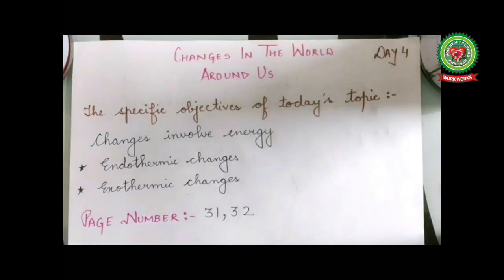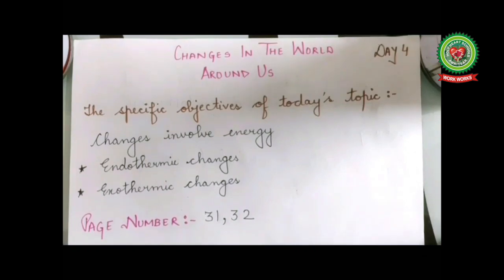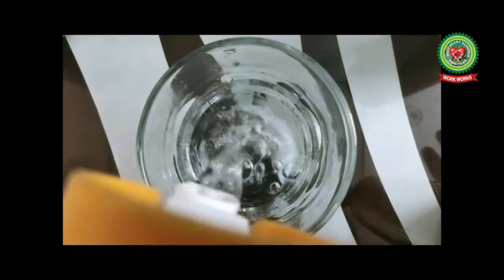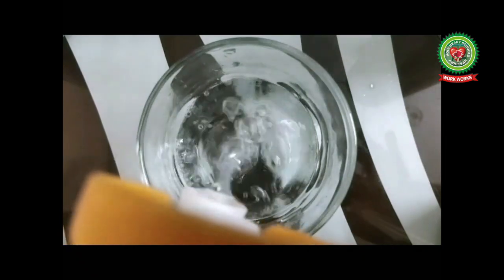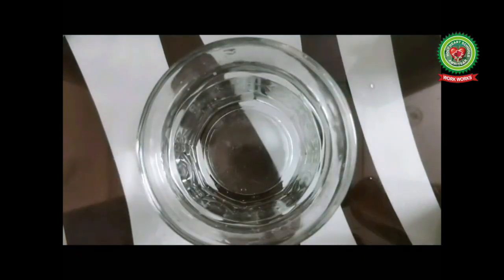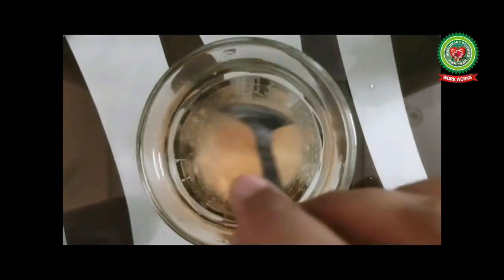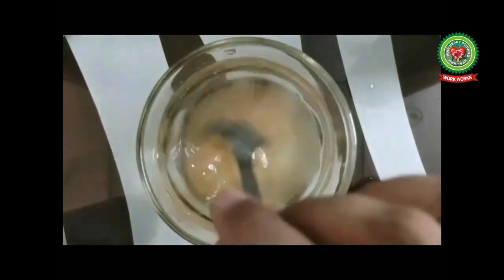Now let's start with the discussion of endothermic changes with the help of an example. Students, take an empty glass and fill it with normal water. Now add 1 tablespoon of Glucon-D in water and stir it properly.